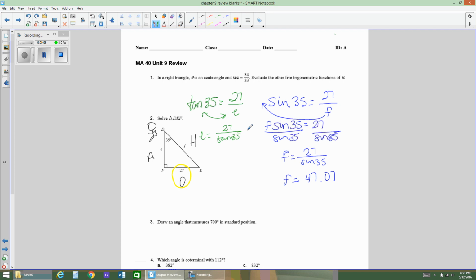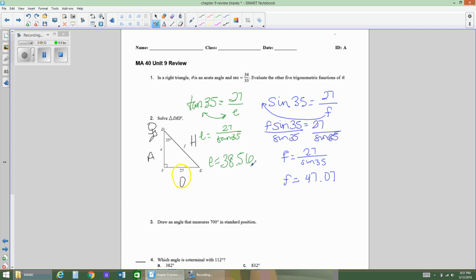So in my calculator, I do 27 divided by tangent of 35, and I got 38.5599996. So I'm going to say E is approximately 38.56.